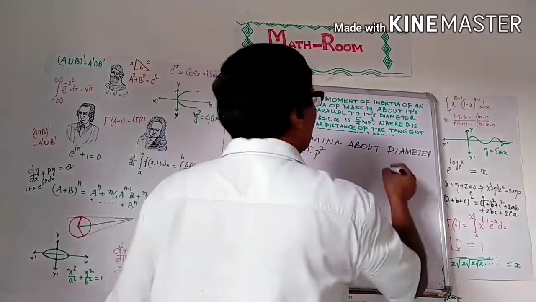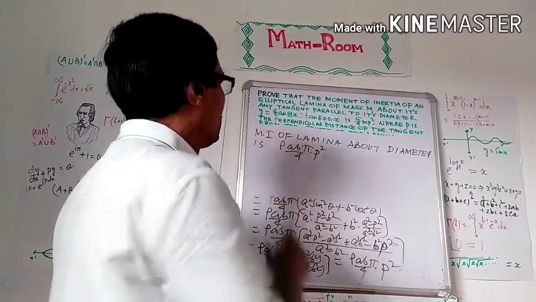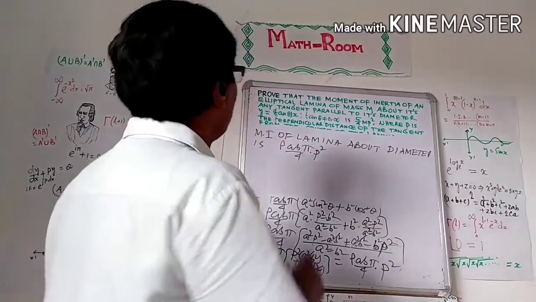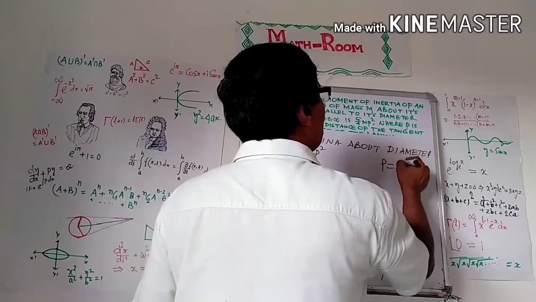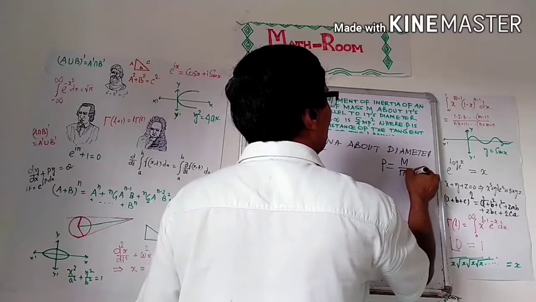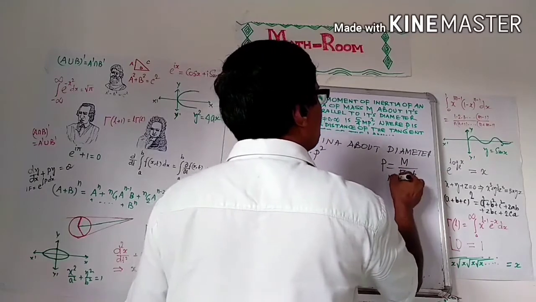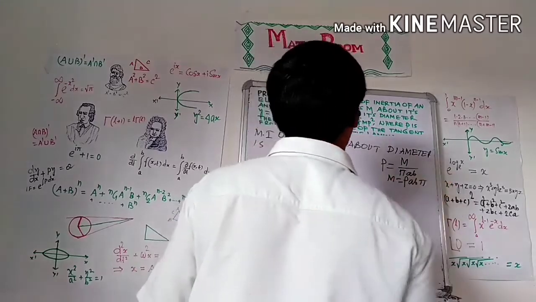Now we have considered the density of the lamina as rho, and rho is equal to mass per unit area. Mass is m, area is pi ab. So mass equals rho ab pi.